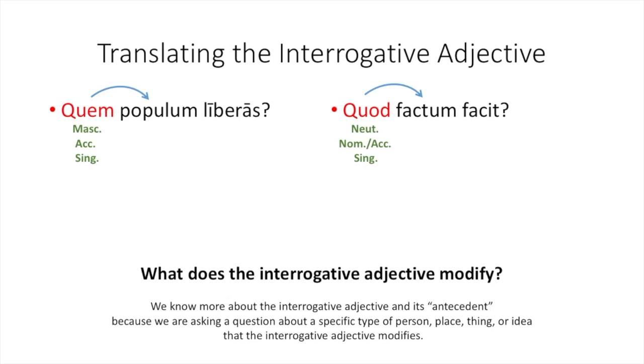And in quod factum facit, we know quod modifies factum, so we're asking about a specific factum, that type of factum. So we know more about what we're asking about with the interrogative adjective than we knew with the interrogative pronoun. So now that we have that part clarified, let's translate these. Don't use who or what because those are pronouns. You'll want to use words like which or what.